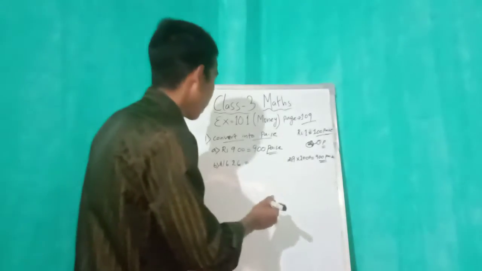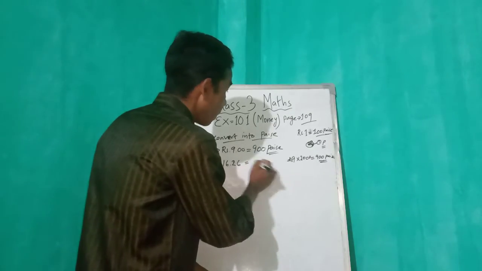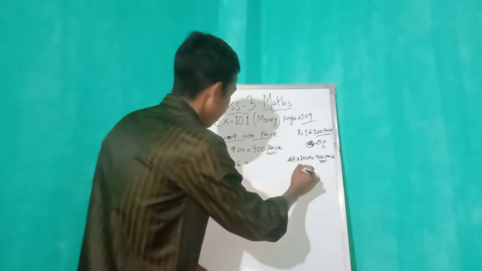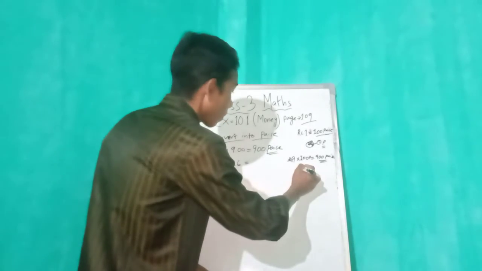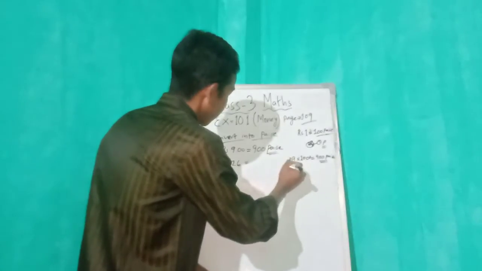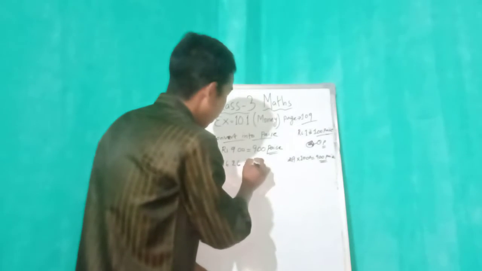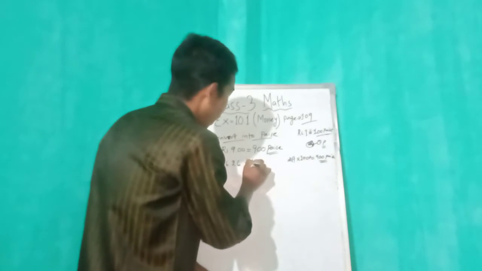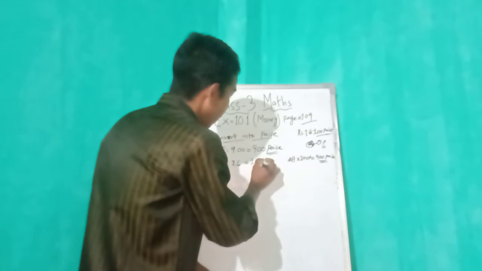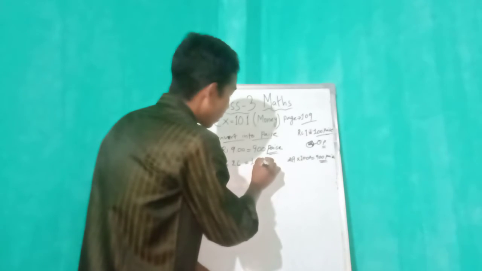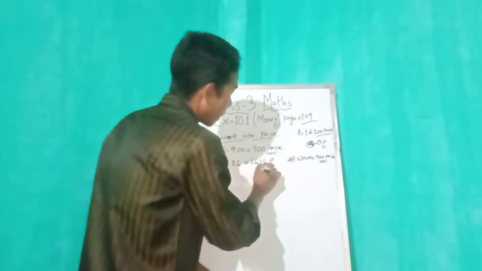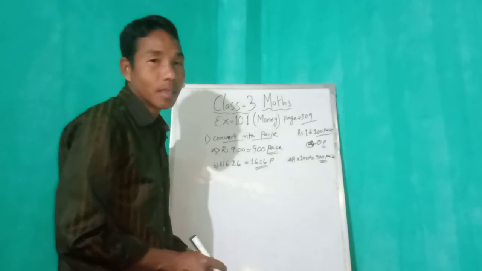So how will we make this one? We will just remove the dot and RS. So 1626 paise. So this is our answer.